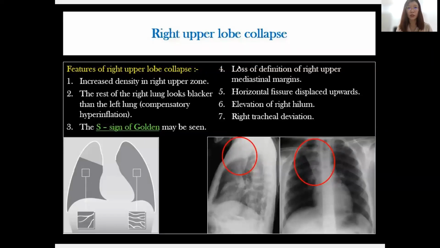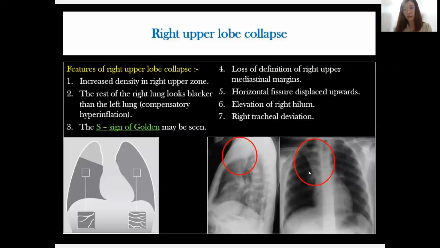So now we're going to the interpretation of some of the common pathologies. These are right upper lobe collapse. When determining right upper lobe collapse, we always use the sign of the Golden S sign, where you will see an opacity at the right upper zone here. And then this is the border of the upper lobe, this is the lower lobe. So we see a slight S sign here, so we call it the Golden S sign.